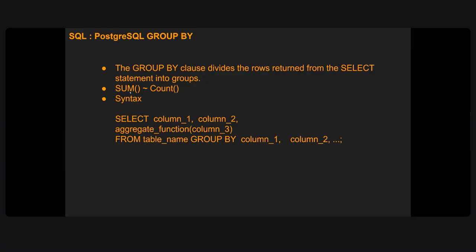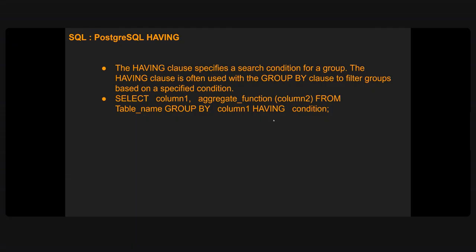Sum, count. Select column 1, column 2, and you will use the aggregate function for column 3 from table name, then you'll use group by column 1 and column 2. This is how you will optimize your code to get the accurate result that you are looking for.